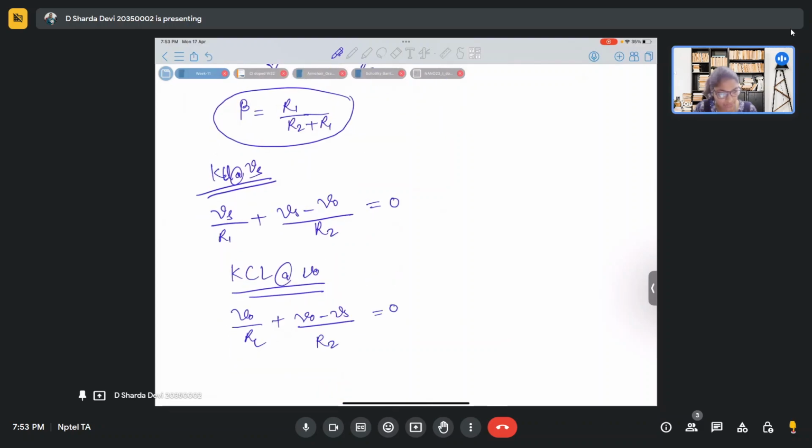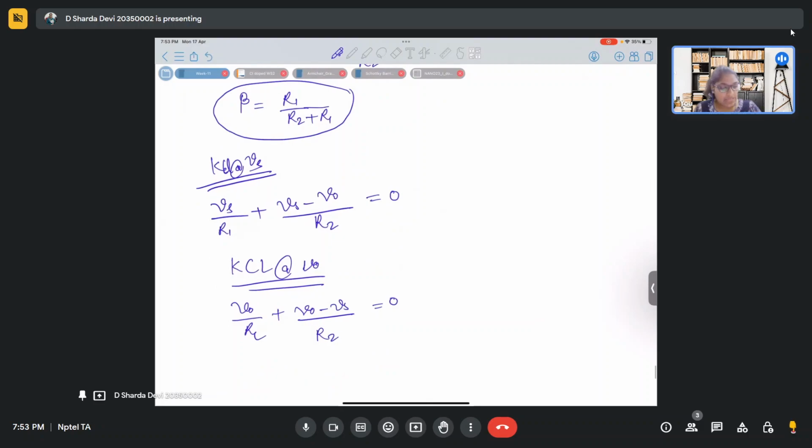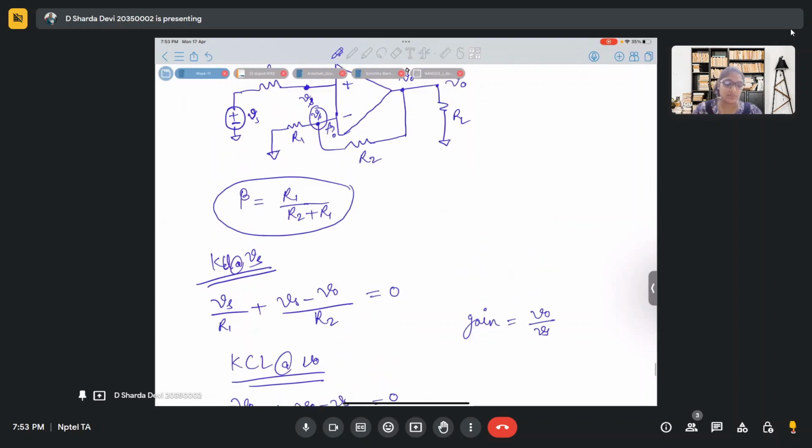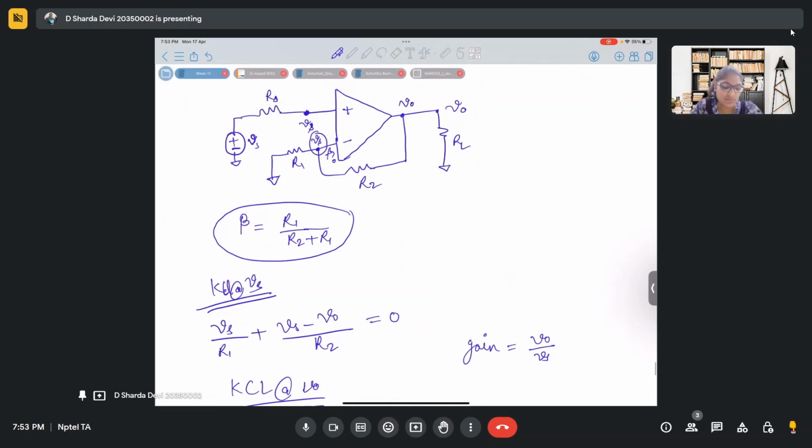Equal to 0. When we say gain, it is V naught by Vs. Did they mention anything, like what is beta? I'll just read out the question. The non-inverting op-amp configuration shown in the figure provides a direct implementation of the feedback loop.